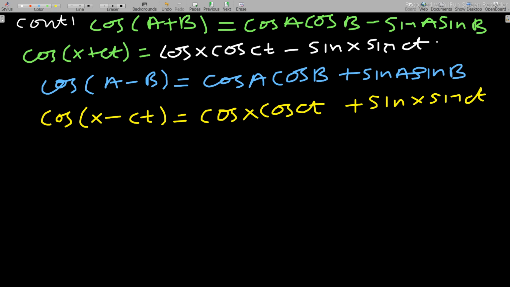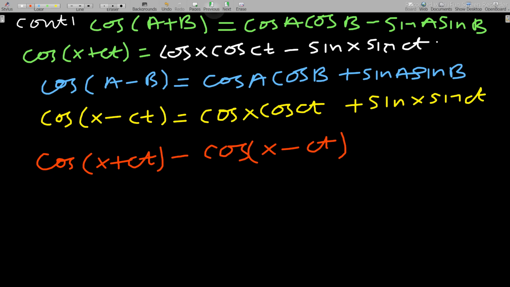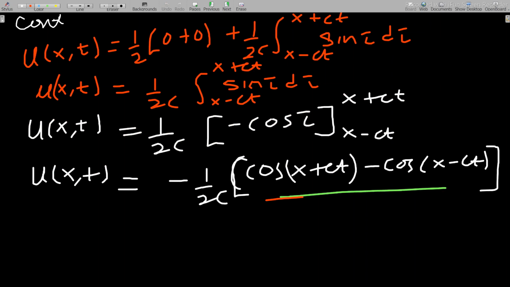Now with these two equations, I want to find cos of (x plus ct) minus cos of (x minus ct), which was in our answer. This is what we had. Let's go and check. We have cos of (x plus ct) minus cos of (x minus ct).